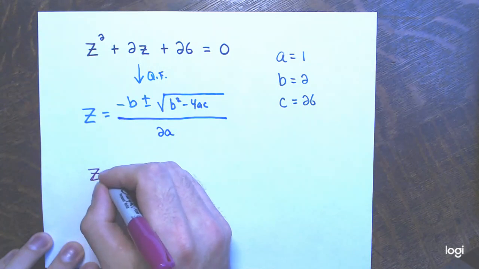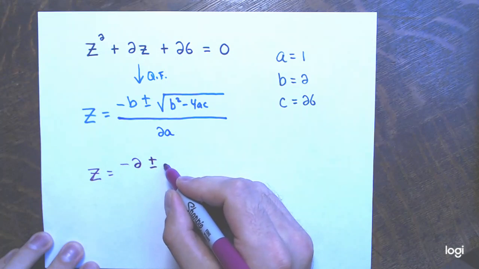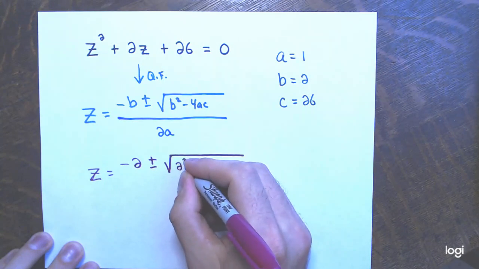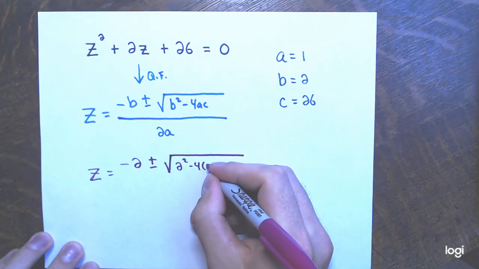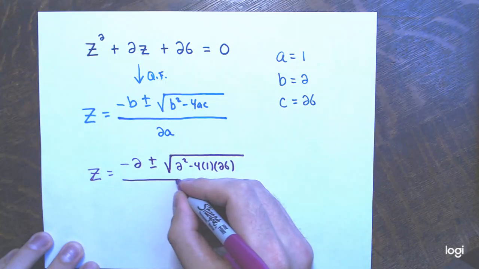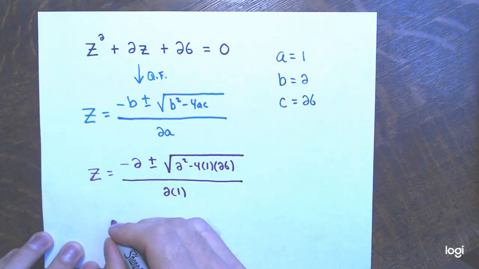Z equals, the opposite of 2 plus or minus the square root of 2 squared minus 4 times 1 times 26, and all of that divided by 2 times 1. Now we simplify.